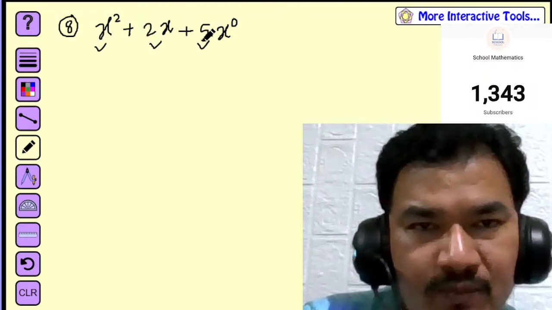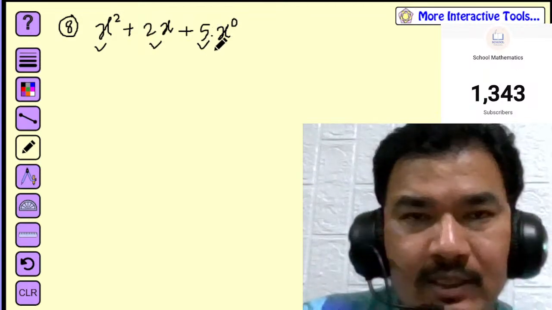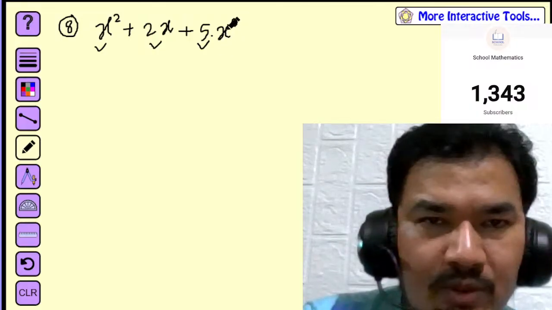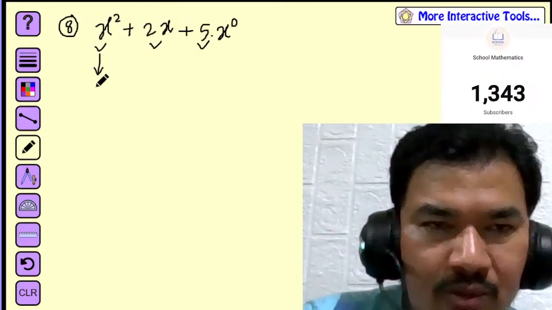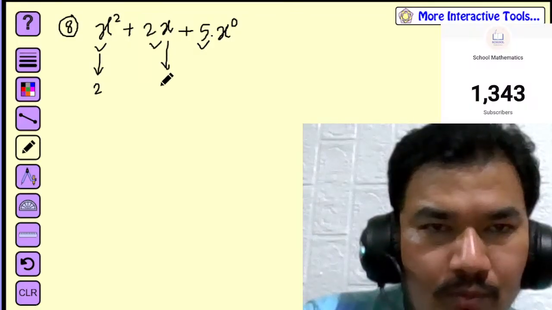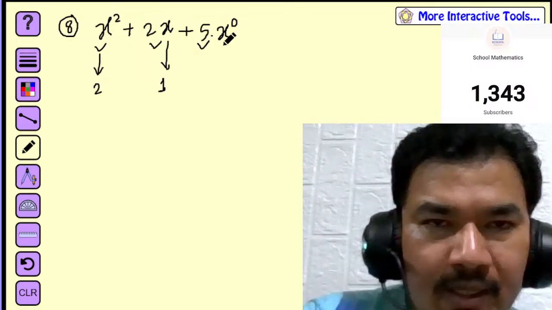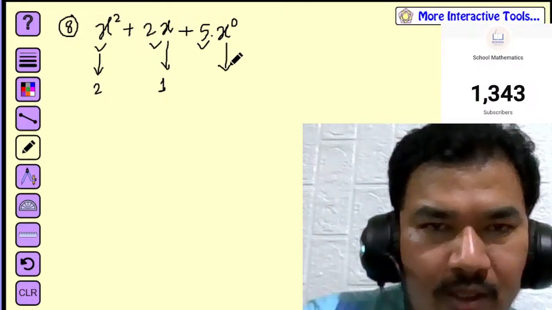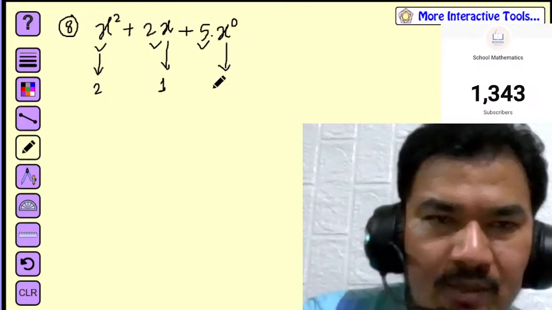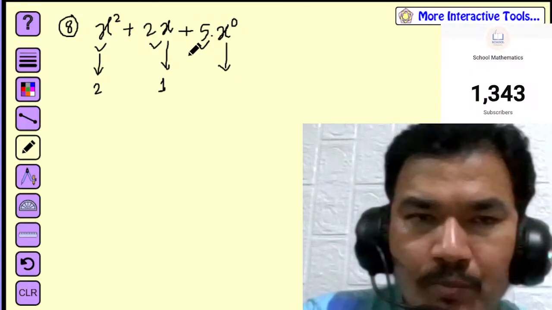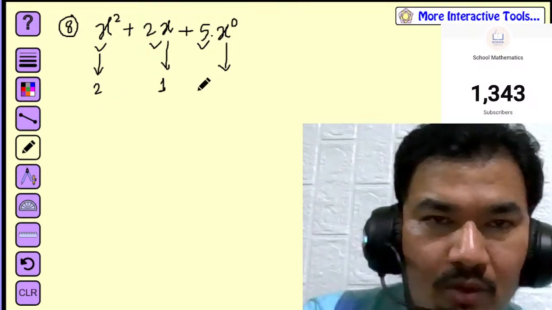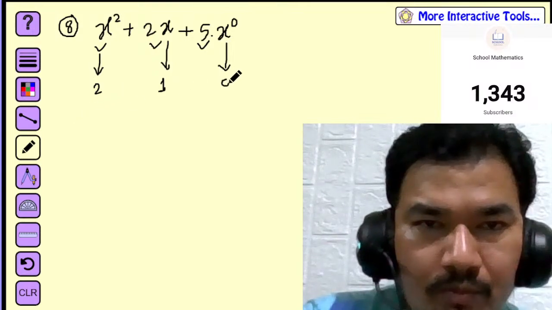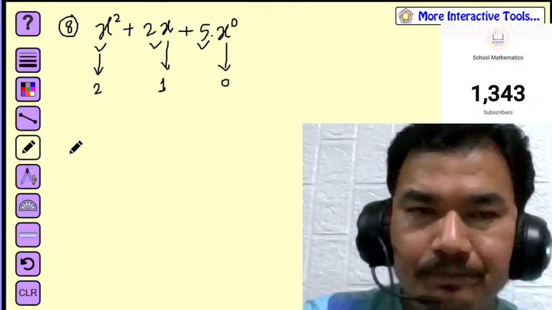If there is only 5 written, we should understand that there is x power 0, because x power 0 means 1. Every term has a positive power, and this is a whole number power. We can say integer power also, this one 0, but there should not be a negative power. Zero may be in the polynomial.